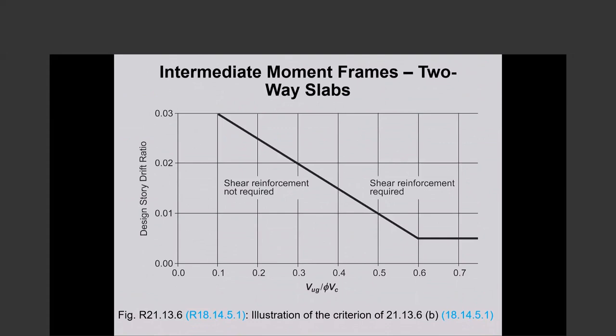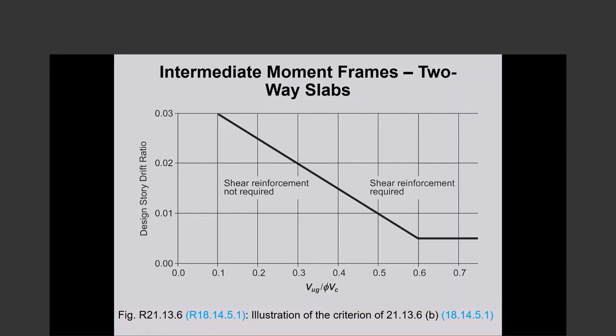On the x-axis is shear caused by gravity, V sub u g. We did not have the sub g, then we have sub g, and now in 318-19 or wherever, this has now become V sub u v for vertical. Anyway, I did not try to have consistent notation. If you go through the various slide sets, the notation is not consistent because that would be a pretty prohibitive undertaking.